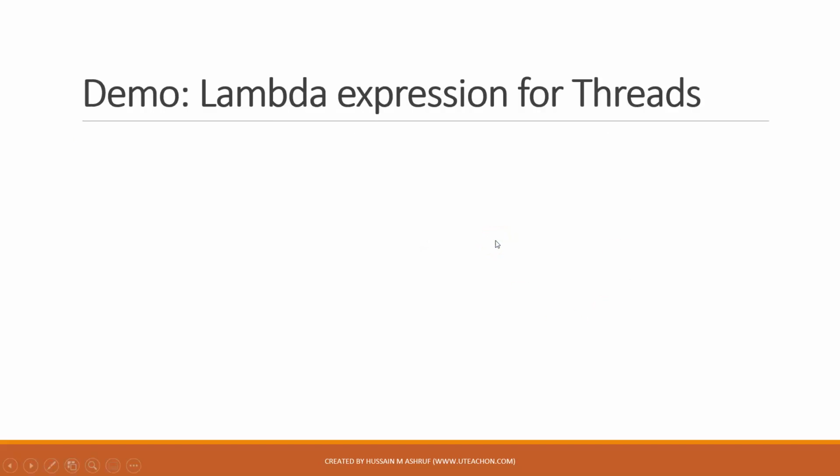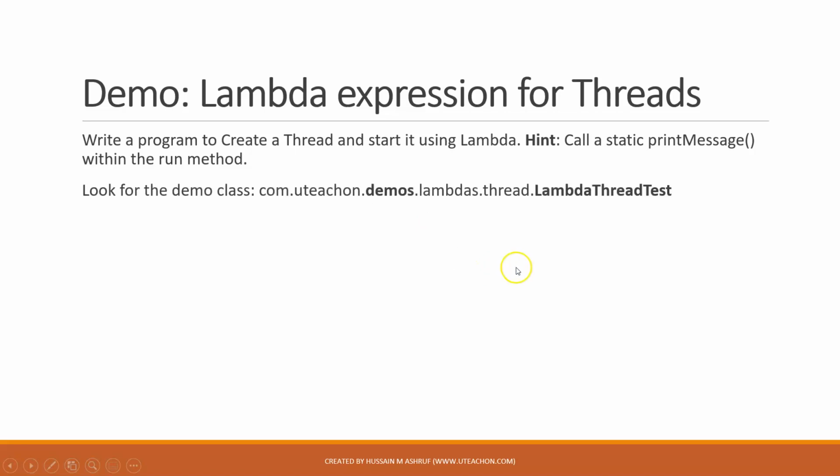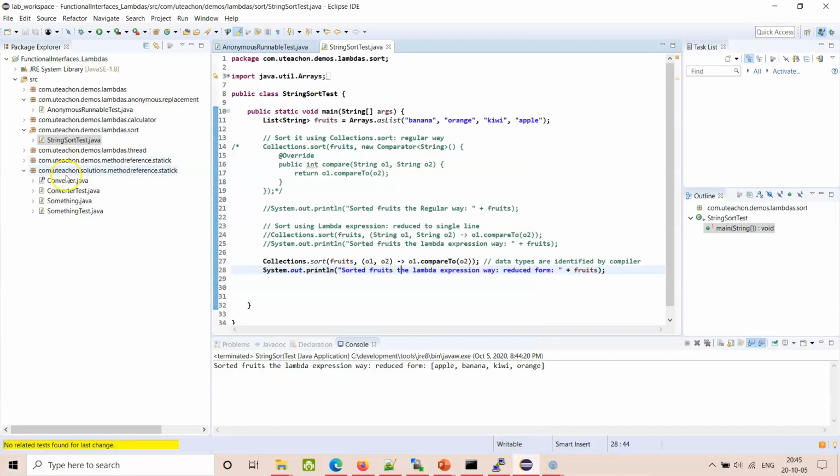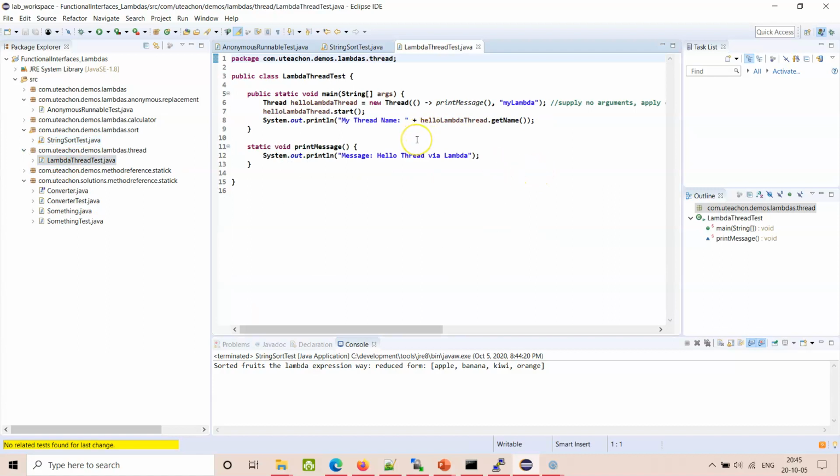Demo: Lambda expression for threads. As you have seen with Runnable, this is an extension to it, but you just use the Thread with the functional interface derived from the Runnable interface. You can look at it, LambdaThreadTest.